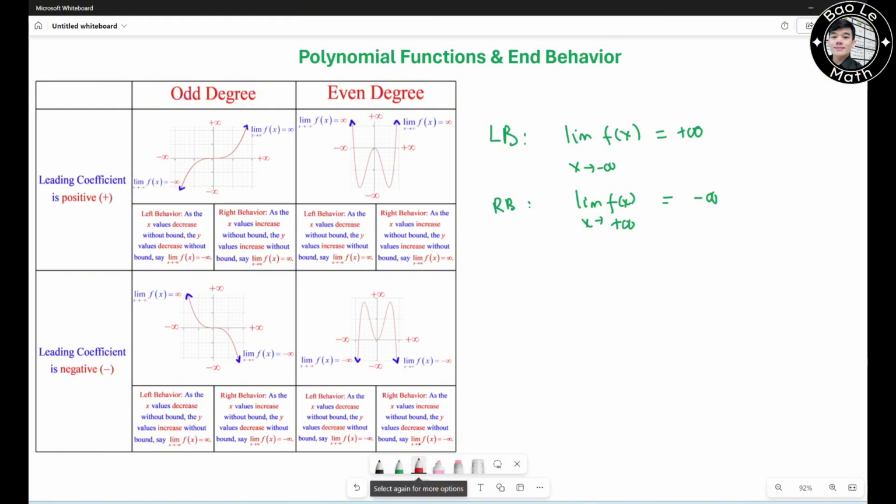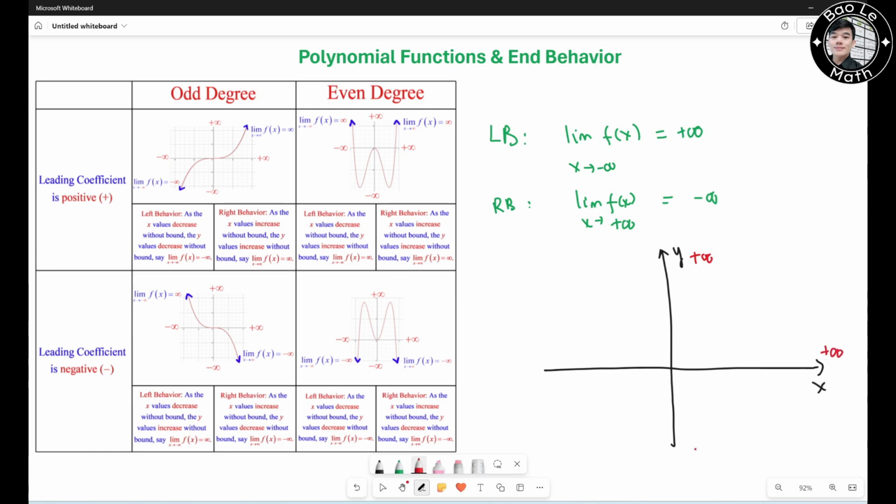So how do you sketch this one? So you just have x and y coordinate plane right here, label s and y, right? Now put positive infinity right here, positive infinity, negative infinity, and negative infinity, right?